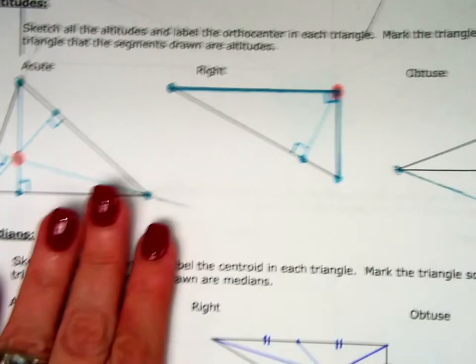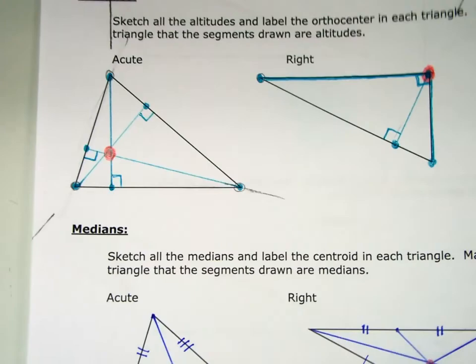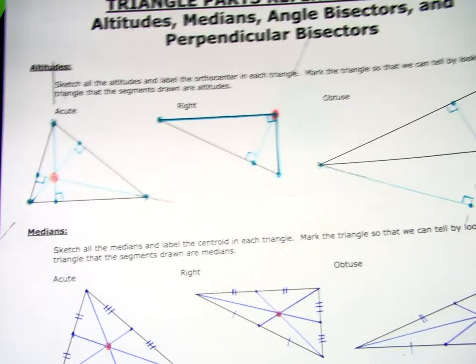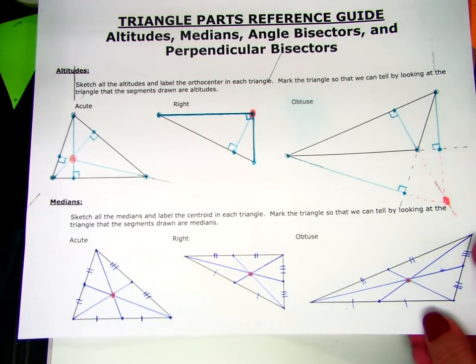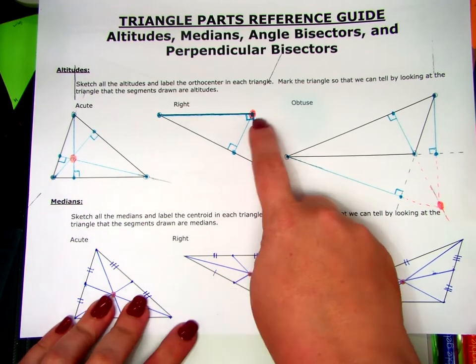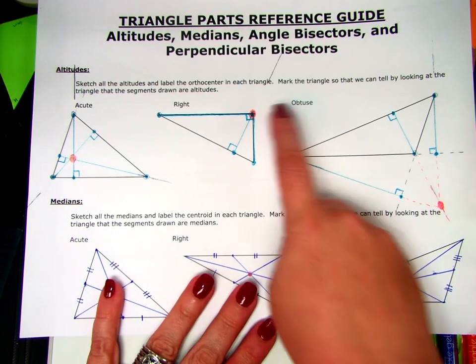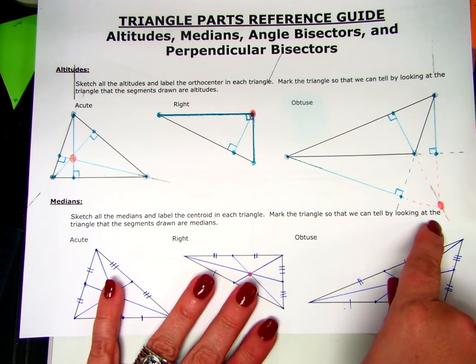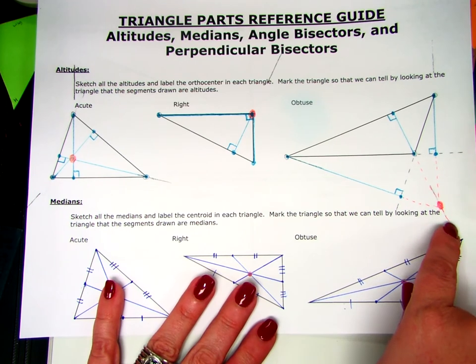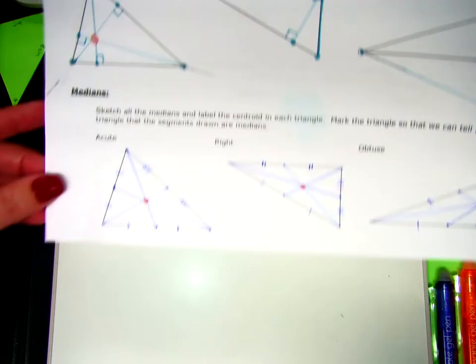Yay! All right, so here I have my sheet that we've been working on, right? We did altitudes, and we saw our altitudes, depending on our triangle, are either inside an acute triangle, they're at the right angle of a right triangle, and they are outside. The intersection is outside, and it's called the orthocenter.